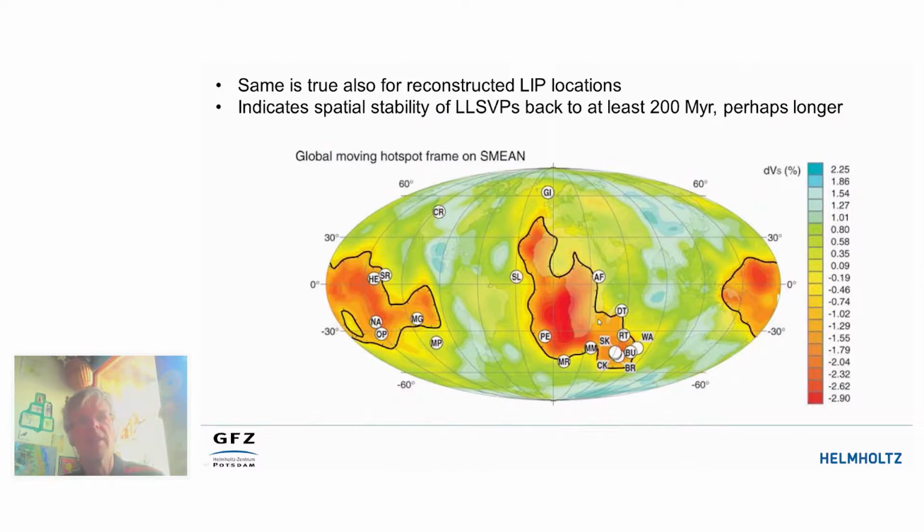The longer stability is somewhat more difficult. Then you would have to think that they're somehow inherently stable and keep the slabs maybe away from them. But that's something still in work, to see whether they have been stable for much longer. So this is much more uncertain.